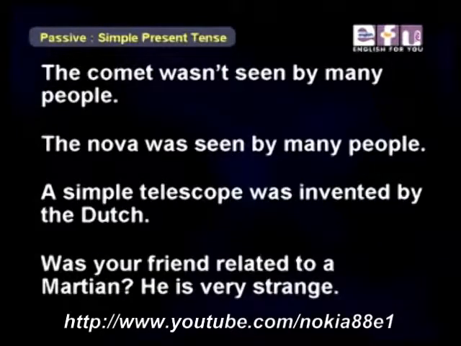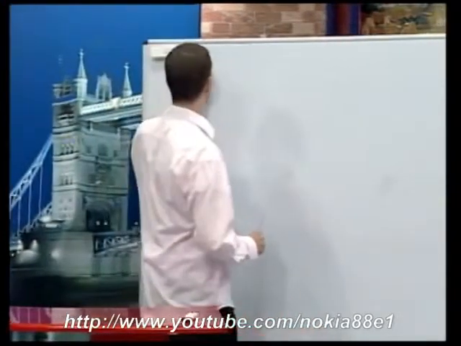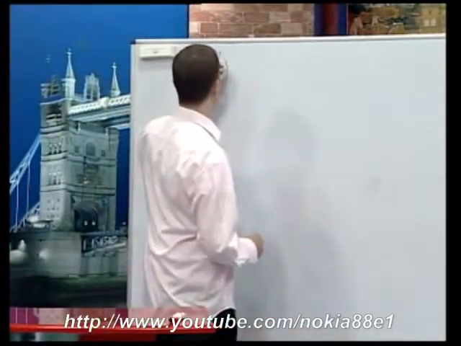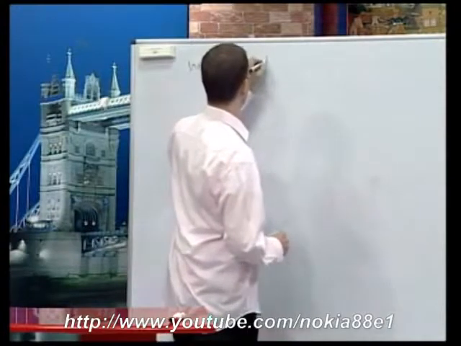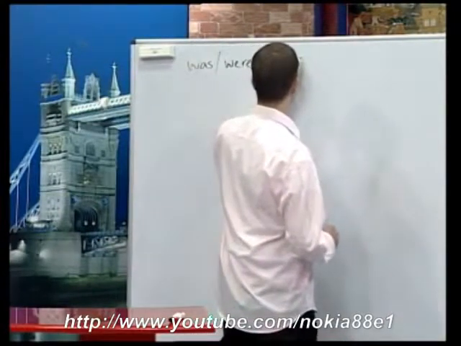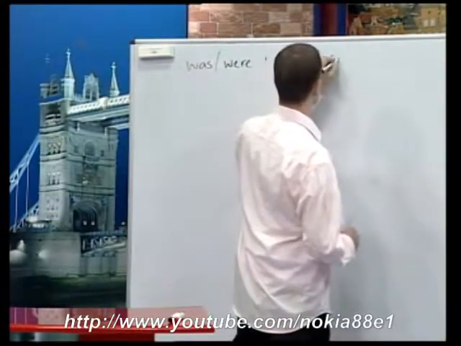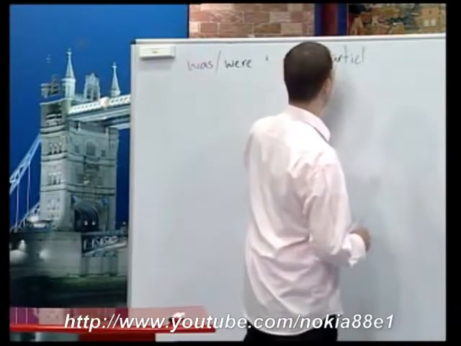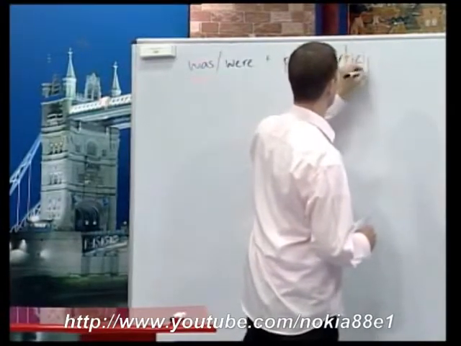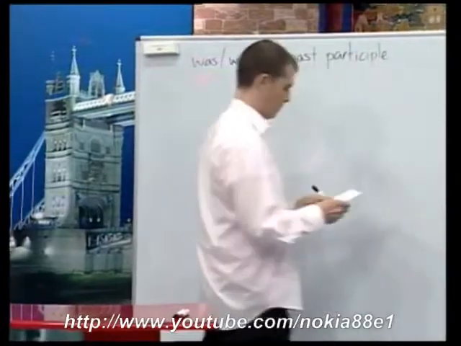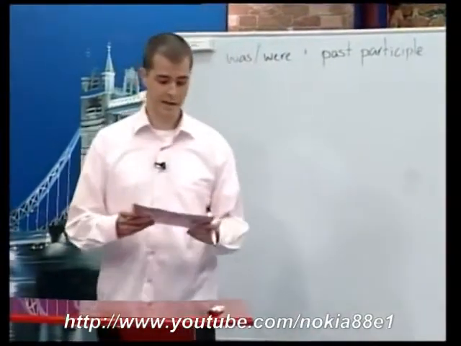Was your friend related to a Martian? He is very strange. For the simple past, we use was or were plus the past participle. So let's practice these now.